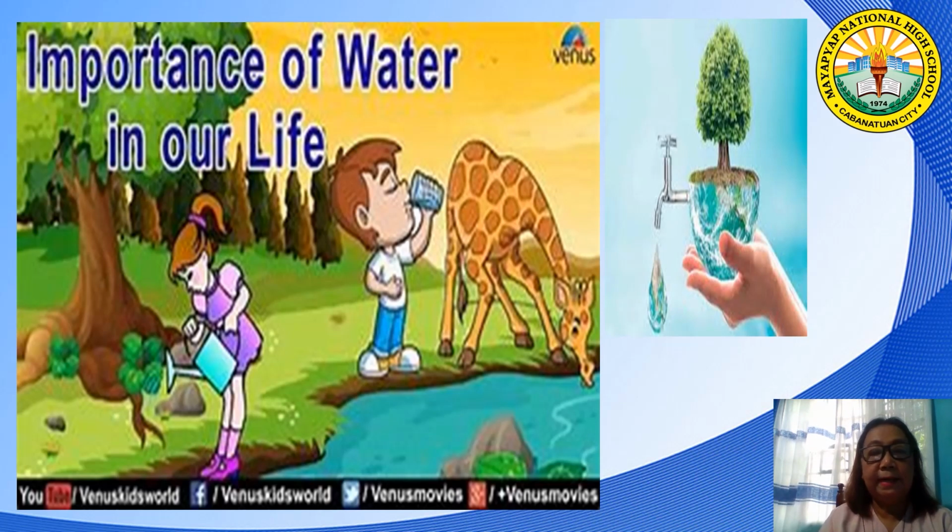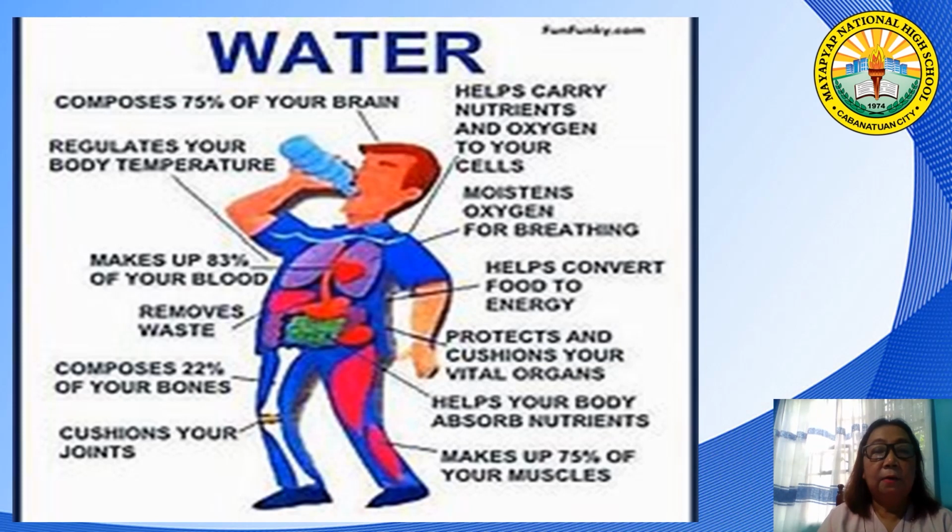You can see the illustration showing the importance of water in life, for example in human beings, animals, and also in plants. You can see the importance of water in our human body, enumerated on the illustration.